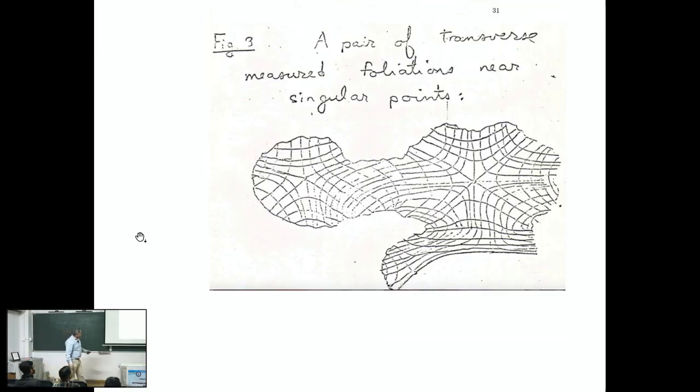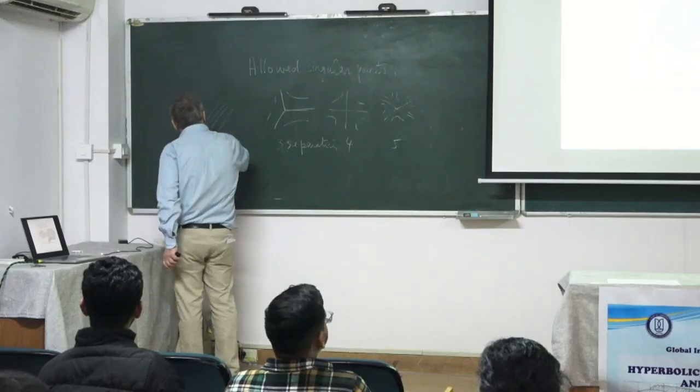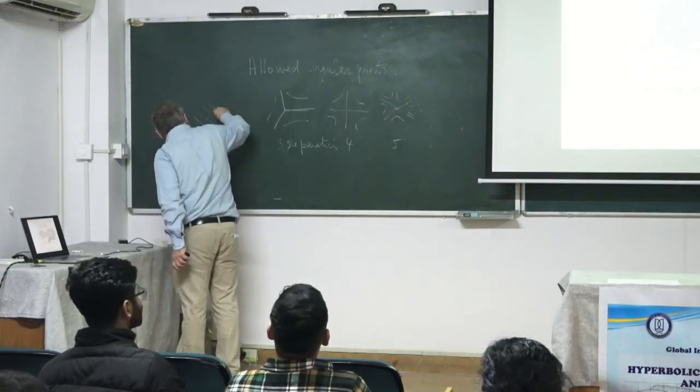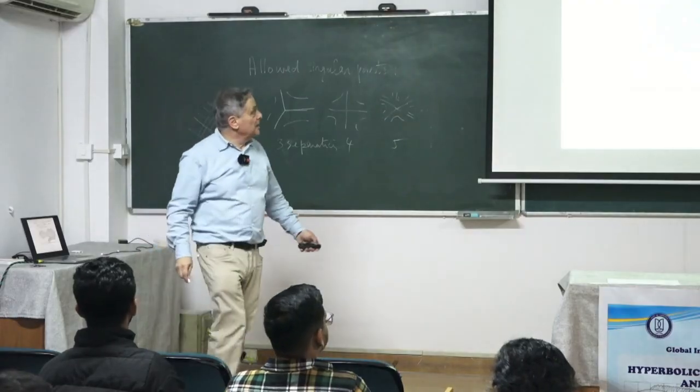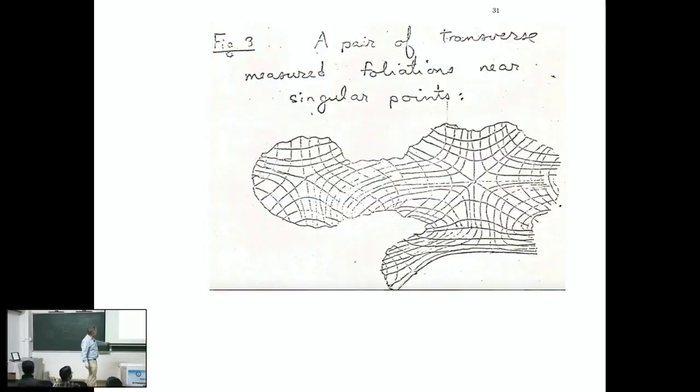Now, something important is when you have 2 measured foliations which are transverse to each other. So these foliations, and then you have one which is transverse to it, but here he is explaining what happens at the singular points. So they are transverse, and then at the singular points, the most natural thing happens.